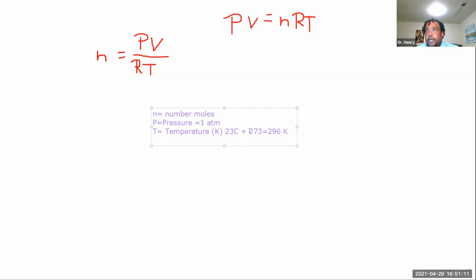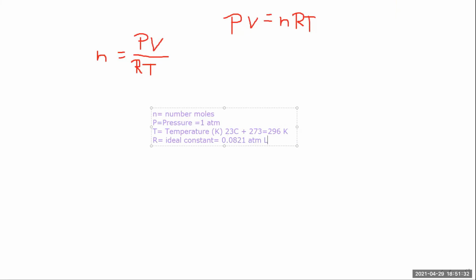And R is the ideal gas constant, and that's going to be equal to 0.0821 atm liters divided by moles Kelvin.